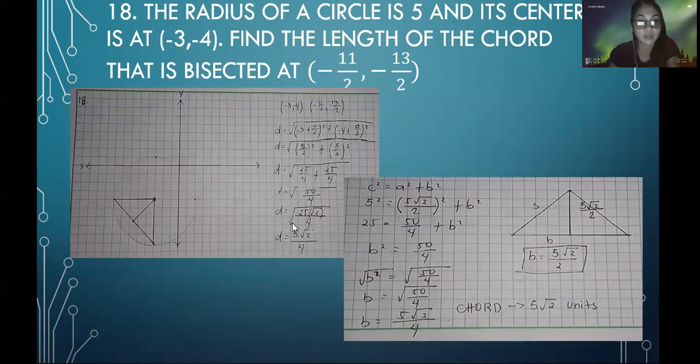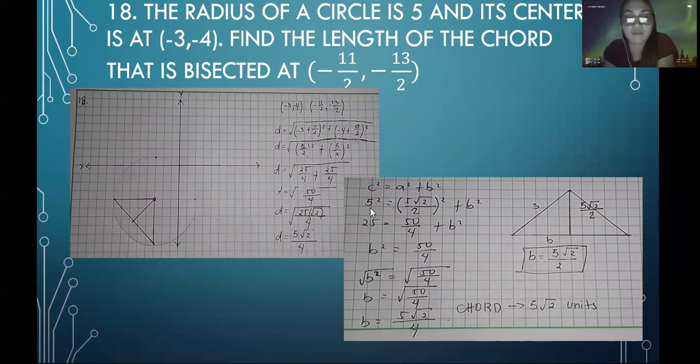So it will become the square root of 25 times 2 over 4. So the answer is 5 square root of 2 over 2. So same as the previous number, we're now going to use the Pythagorean theorem.